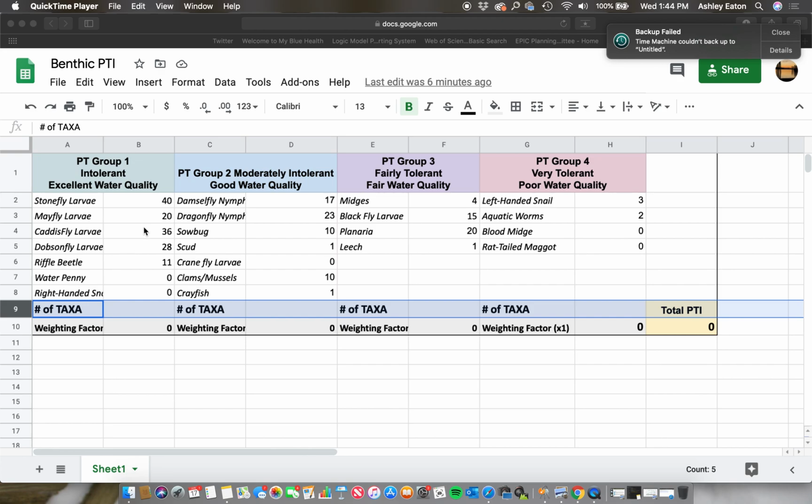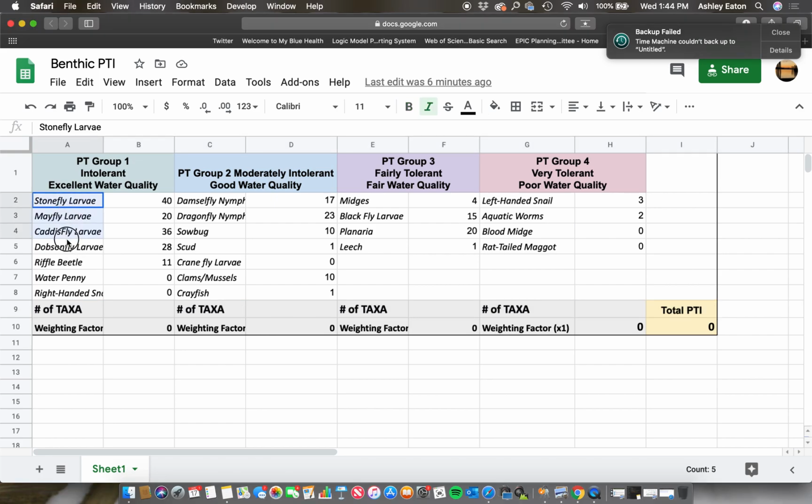This is a little bit confusing because intuitively you kind of want to just add up the number of organisms that you found, but this isn't asking for the total number of organisms that you found. It's asking for the diversity of the organisms that you found. So for example, these are the options.